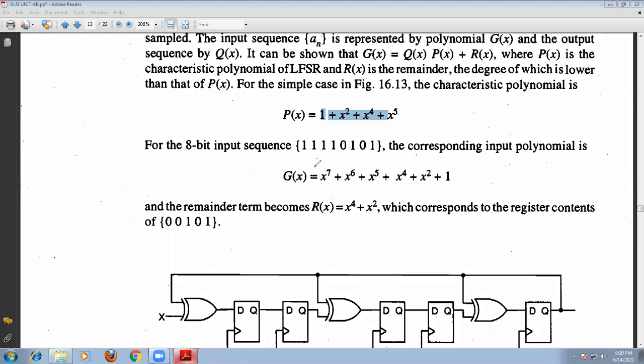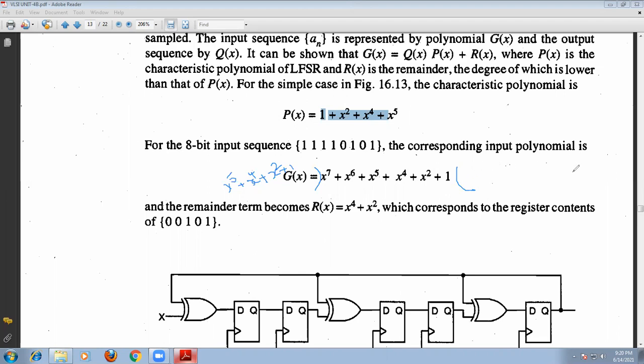You can divide the generator polynomial by x to the power 5 plus x to the power 4 plus x square plus 1.